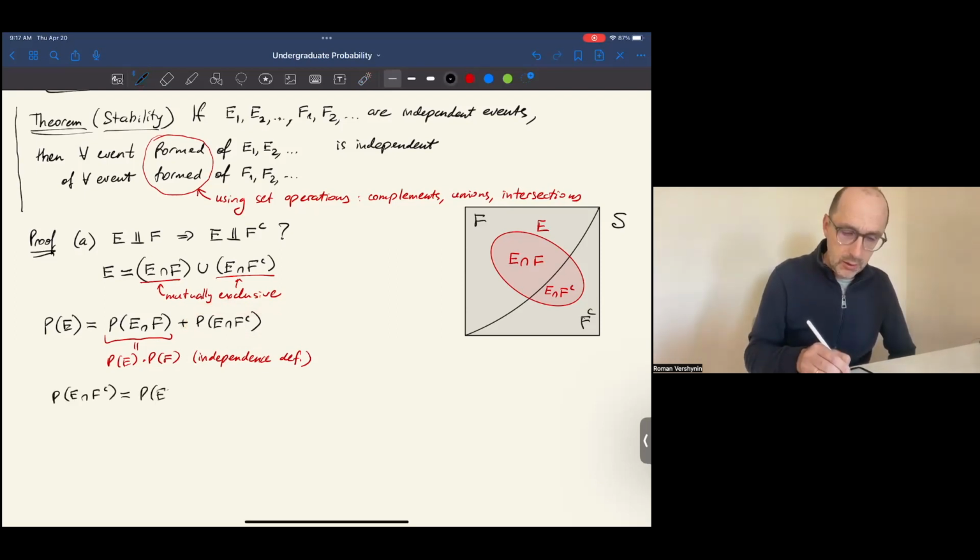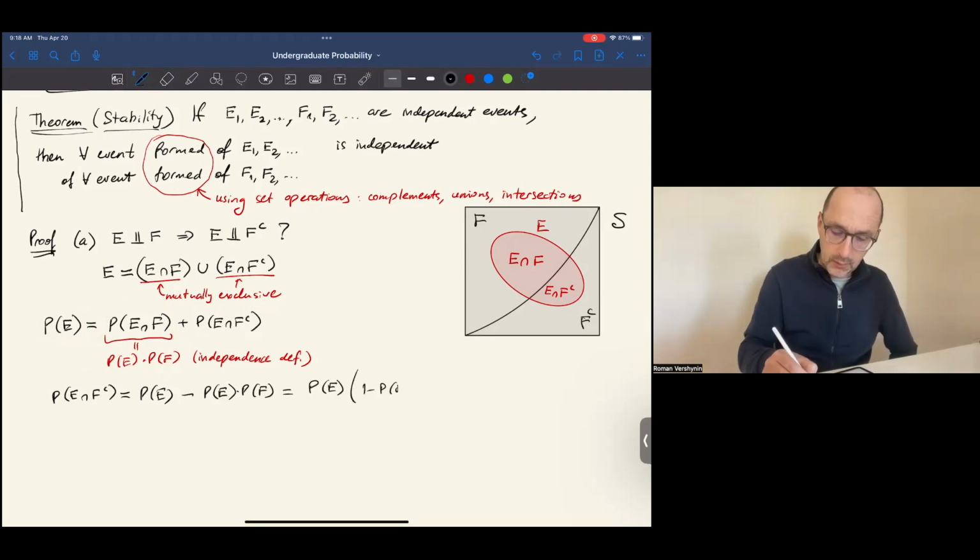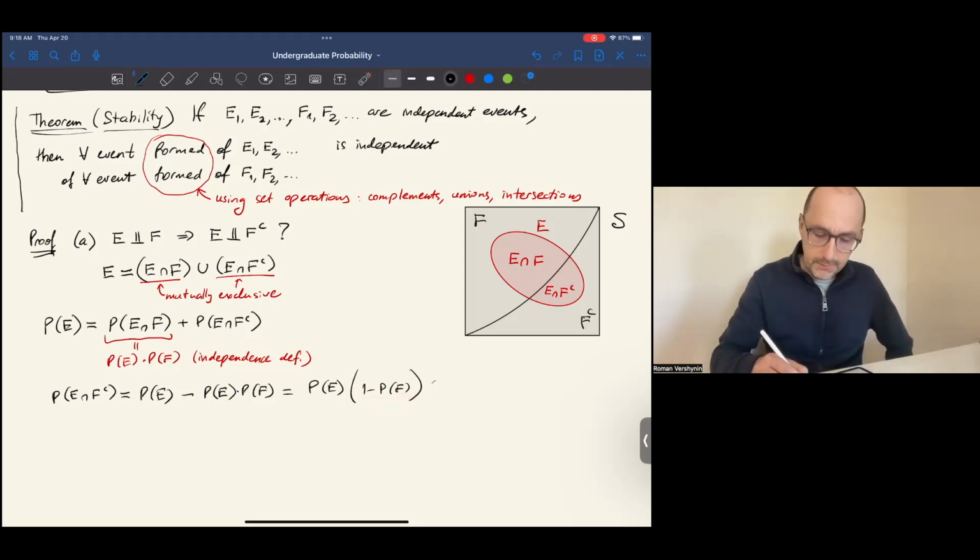P of E minus this term. P of E is a common factor here. Let's take it out. 1 minus P of F. That's a probability of F complement.